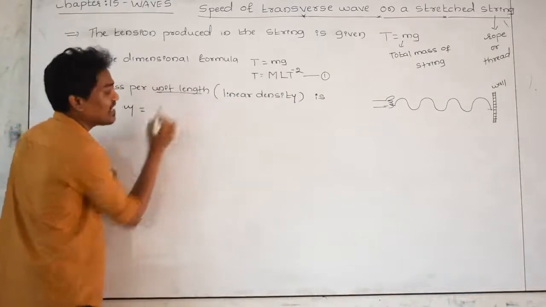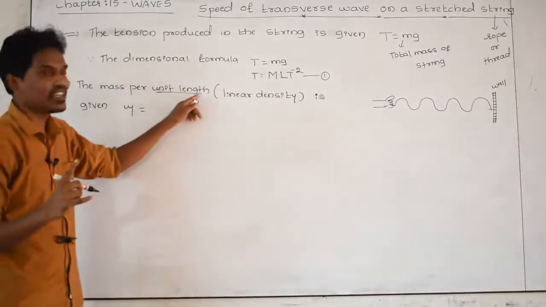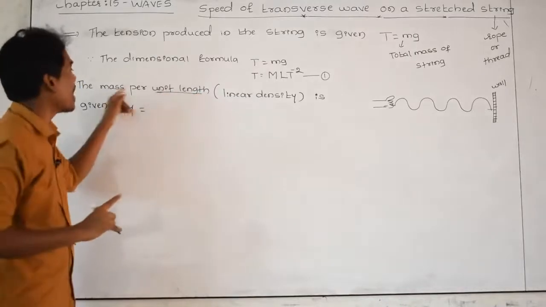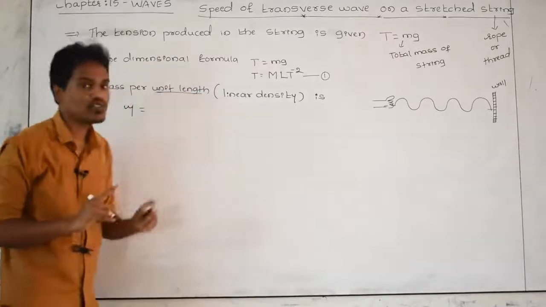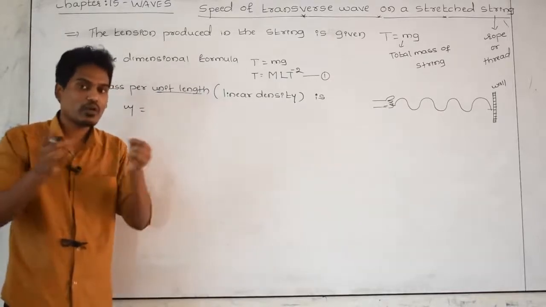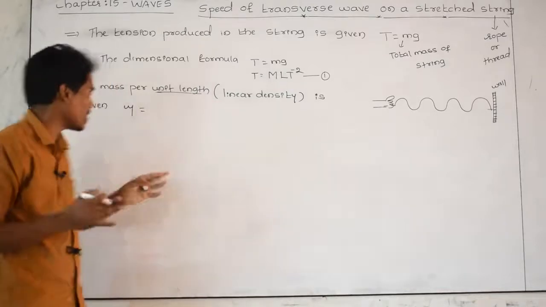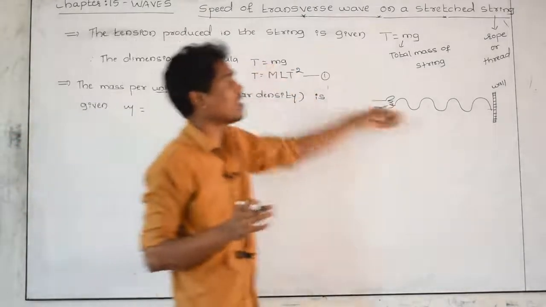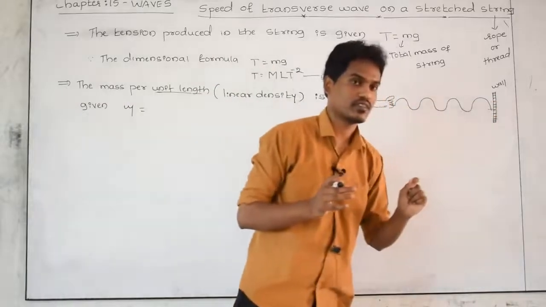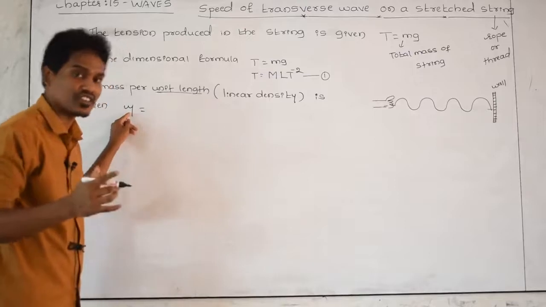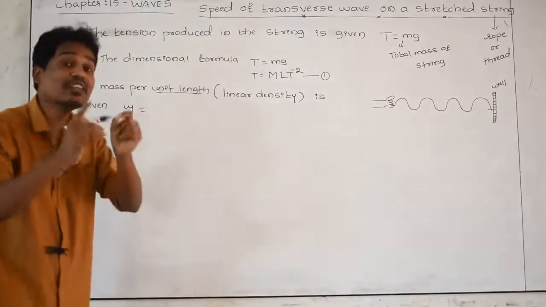What is the SI unit of length? Meter. Unit length means 1 meter. If the wire has a length equal to 1 meter, then its mass is called mass per unit length. What is m? Total mass of wire. What is mu? This is the mass of just a length of 1 meter of wire.